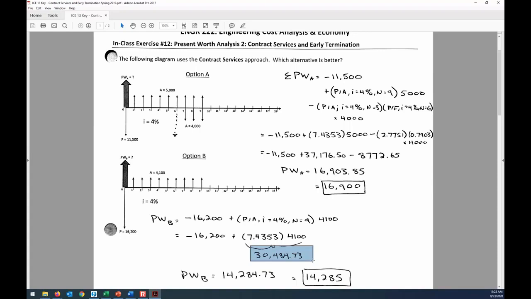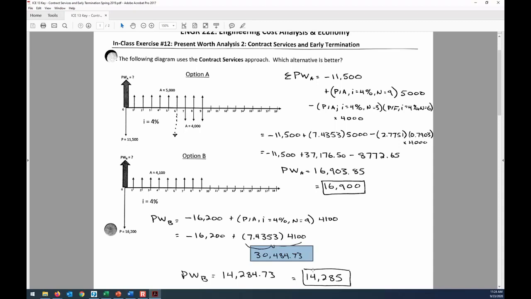And the present worth of that alternative is only $14,285. And since my factor had 1, 2, 3, 4, 5 digits in it, then I can have my final answer accurate to 5 digits as well. So that's why in this case I didn't round off to the nearest $10, but I was able to predict to the nearest dollar what the present worth is.